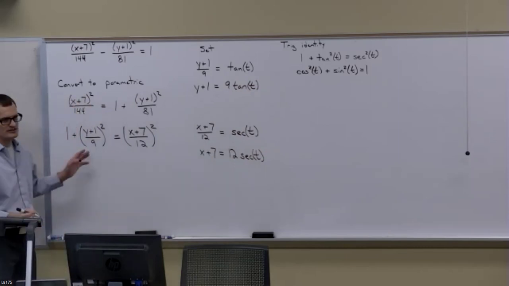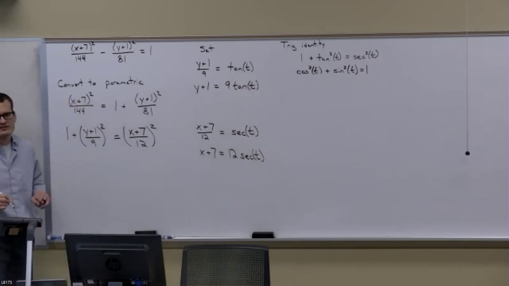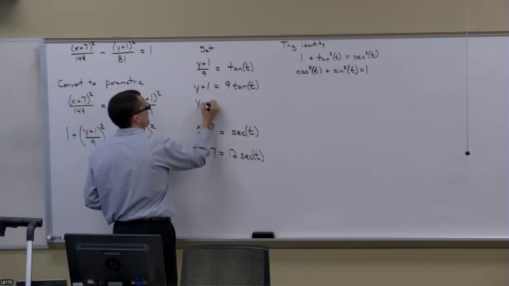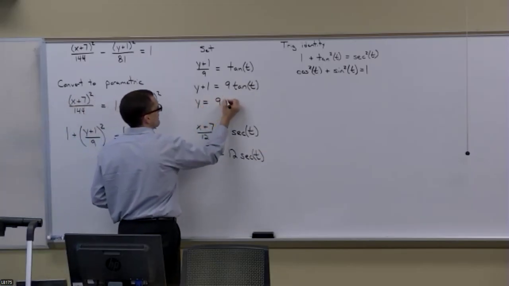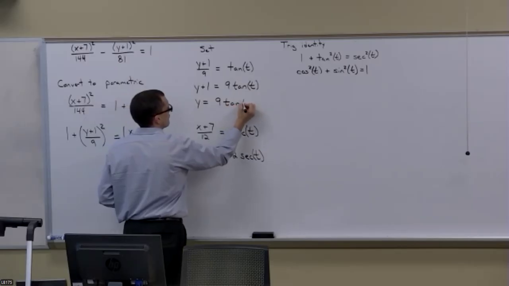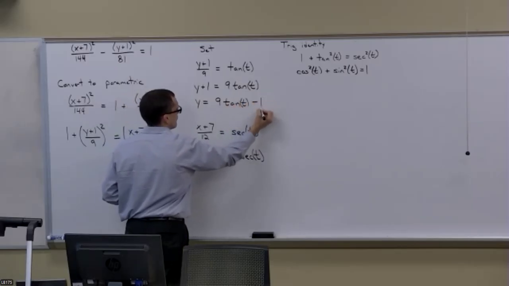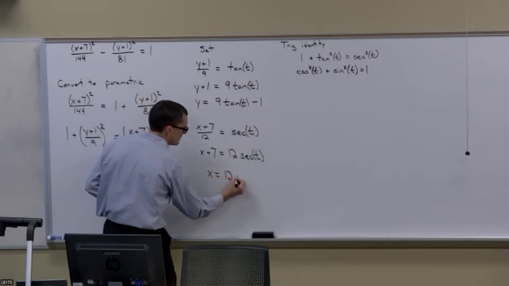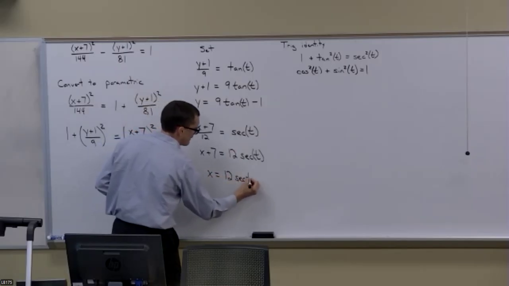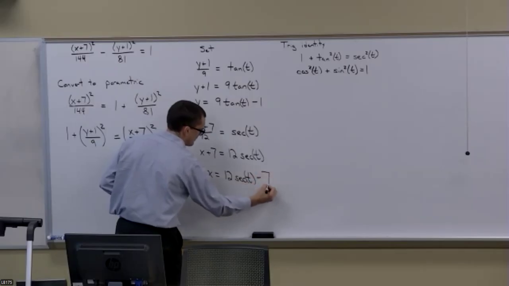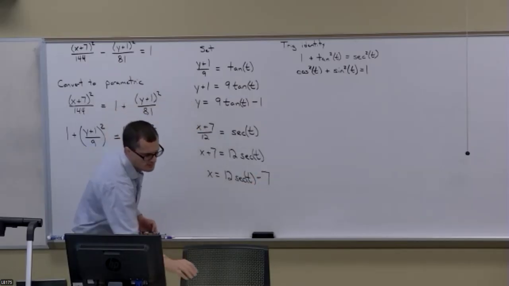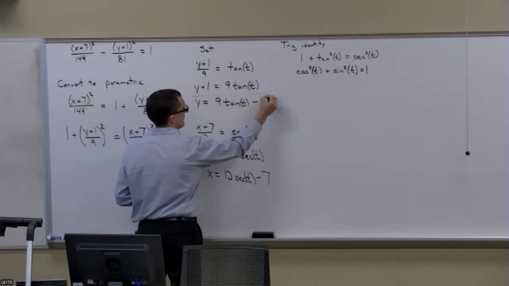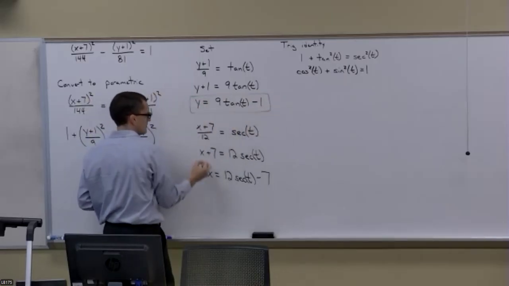Again, make sure you get your secant and tangent correctly oriented. We end up with y being equal to 9 times the tangent of t minus 1, and x being 12 times the secant of t minus 7. And those are our two equations for the parametric form.